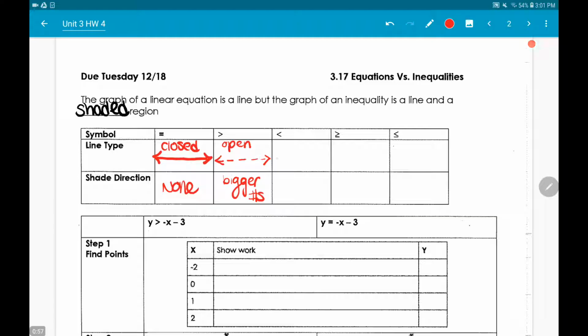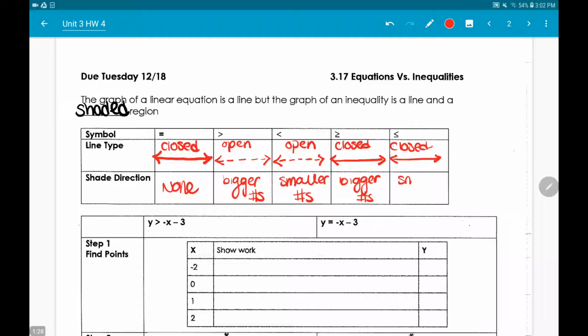When we have a less than, my line is still open. But now we're shading smaller numbers. And when we have greater than or equal to or less than or equal to, both of those lines are closed. For greater than, we shade bigger. And for less than, we shade smaller.